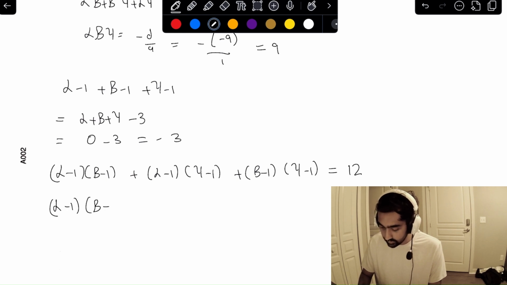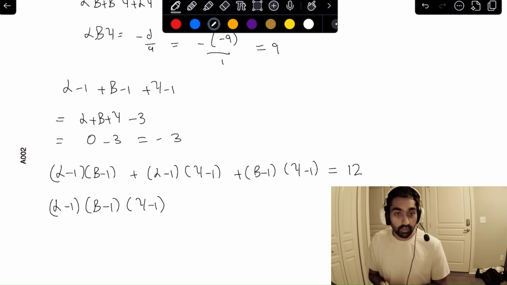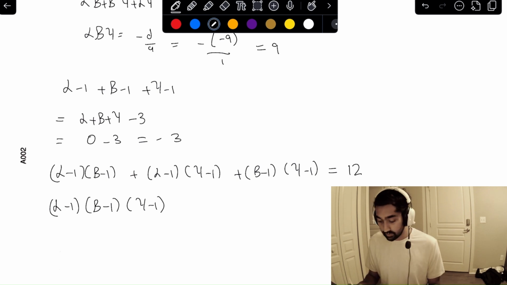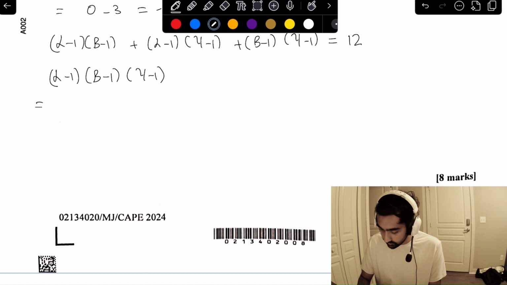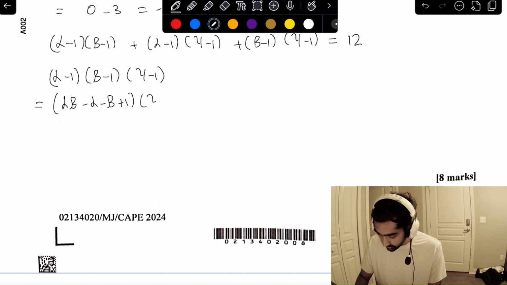The last thing we need to find is the product, alpha minus 1 times beta minus 1 times gamma minus 1. And now we have to spend some time and actually multiply. There are many ways you can do that, but the way I'm going to do it is to multiply the first two brackets and then multiply that by the last bracket. So if I multiply the first two brackets, I get alpha beta minus alpha minus beta plus 1, times gamma minus 1.